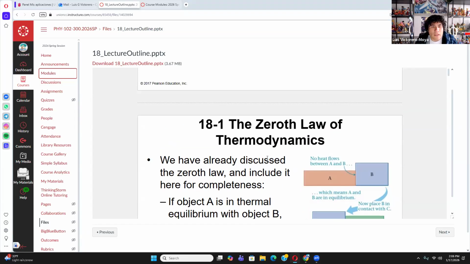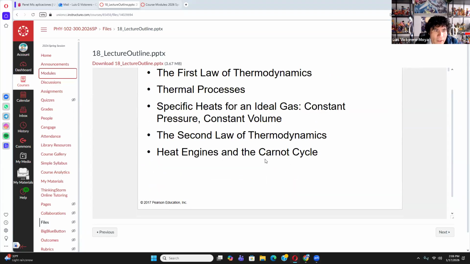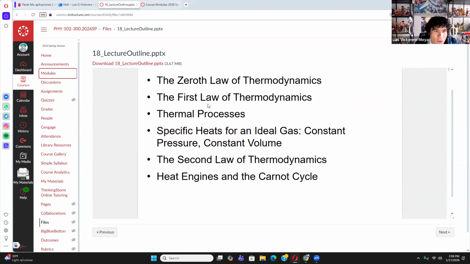Now, in this lecture, I'm just going to go over some of the specifics for each of these sections. In the next video is where I'm going to go over the problems, what you should be focusing on from the textbook. But the main idea with thermodynamics is to apply some of what you have done in ideal gases and heat and combine them together with the different processes.